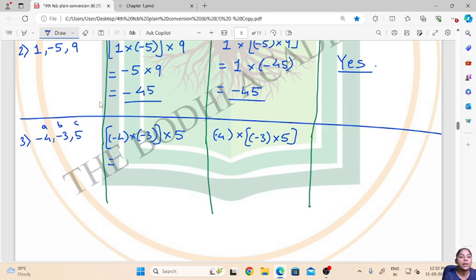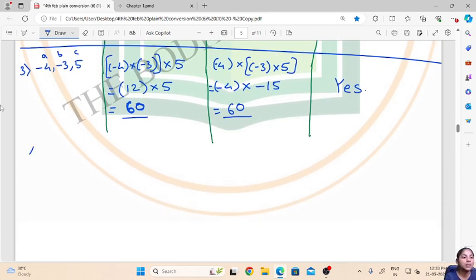First, minus into minus is plus 12, into 5, we get plus 60 as an answer. Then we have -4 into -15. Minus into minus will be plus. We also get the answer as 60. So in this case also it is true.